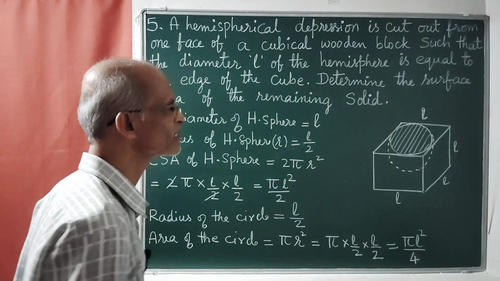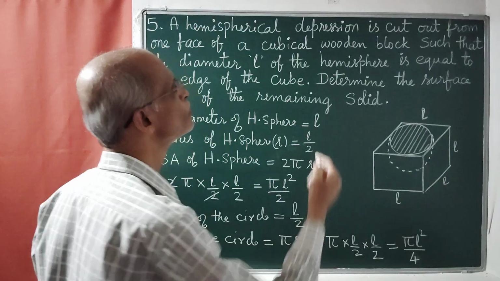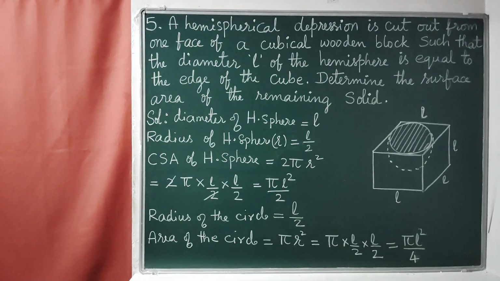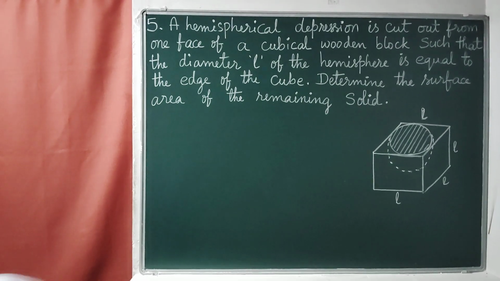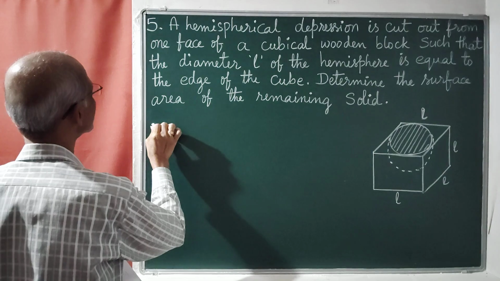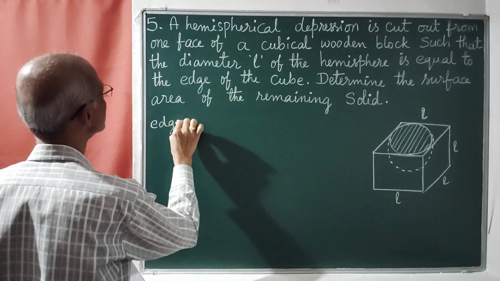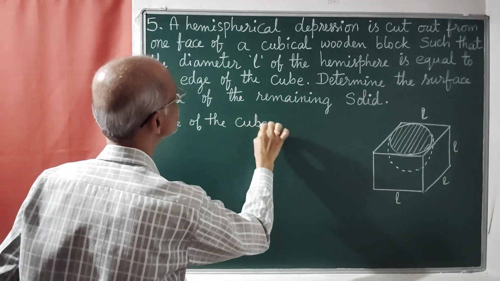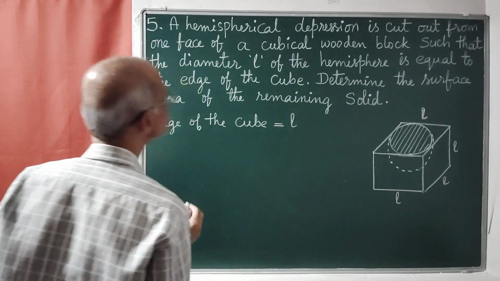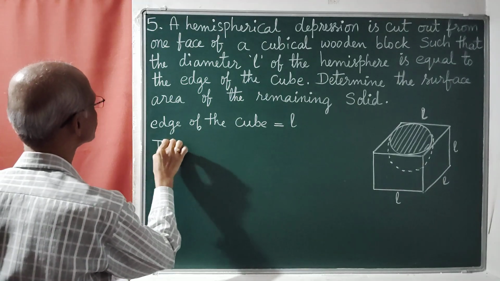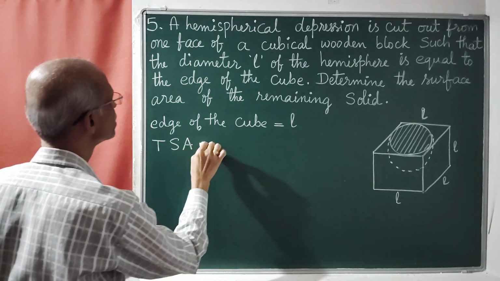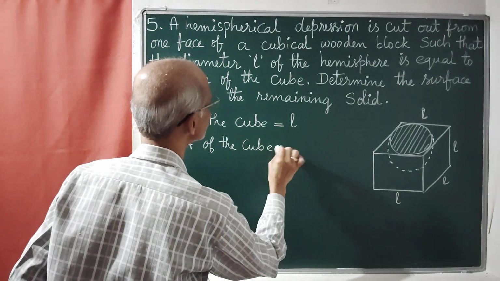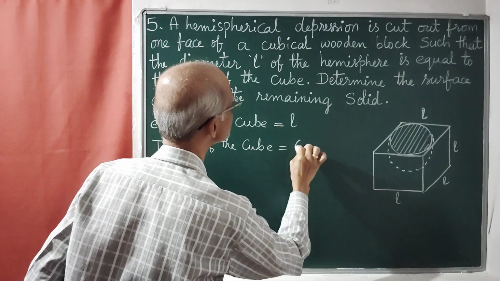Now we will find the TSA of the cube. Now the edge of the cube is equal to L. So the TSA, total surface area of the cube, is equal to 6L square.